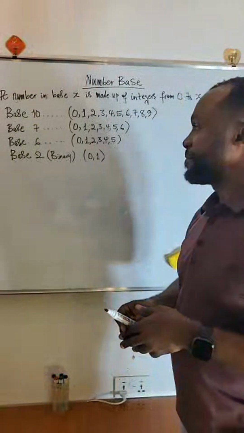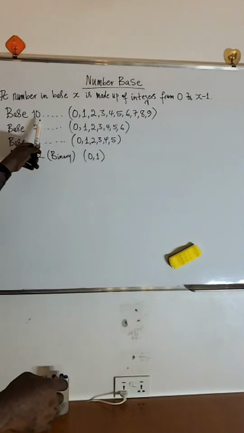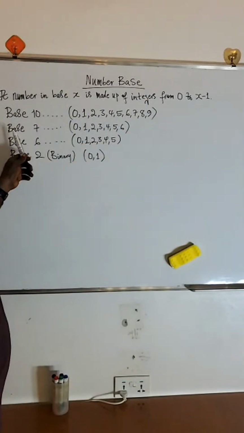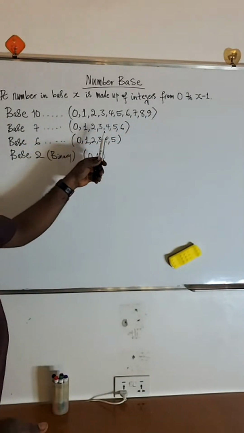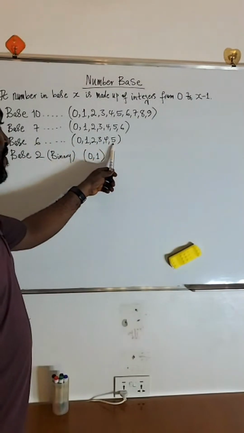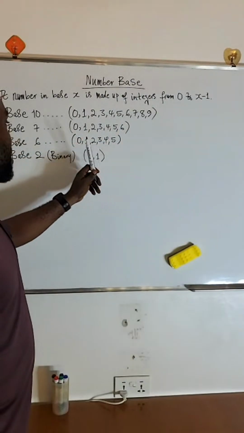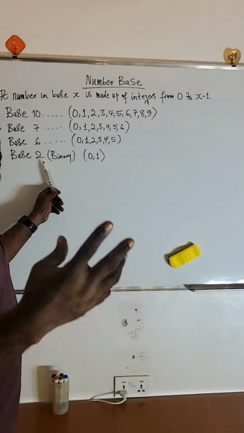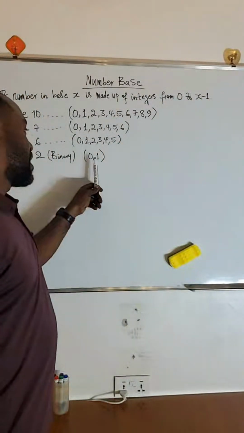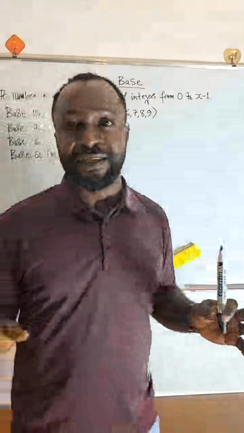For instance, you can see here, if you have base 10, you will have from 0 to 9, base 7 from 0 to 6, base 6 from 0 to 5, always 1 less than the base. And base 2, you can only have digits like 0 and 1. All right, so that is it.